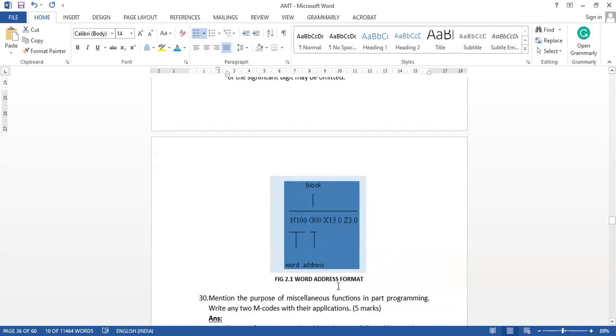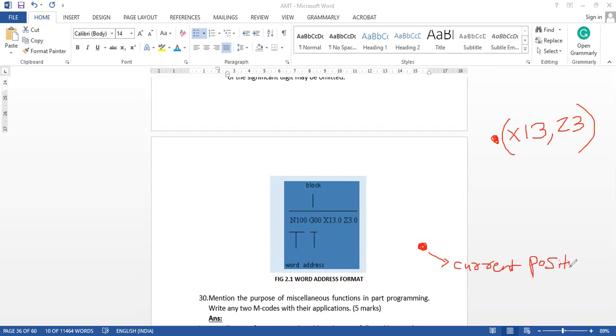For example, say this point is X13 Z3. This is the current position of the tool.